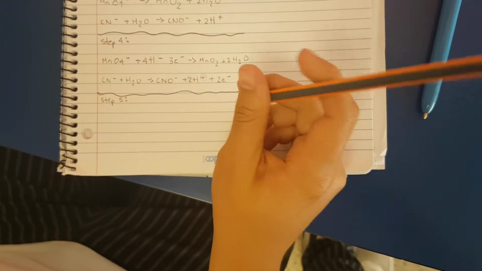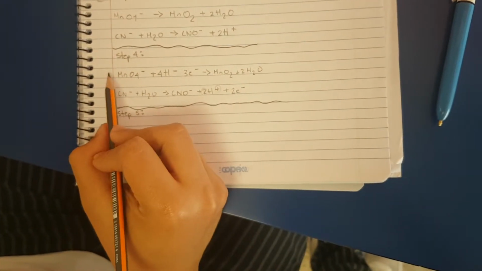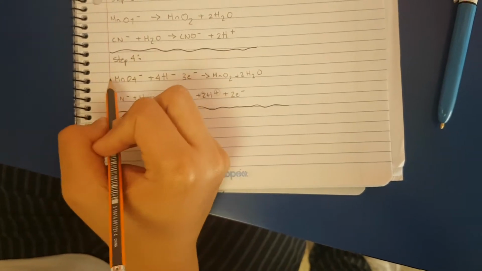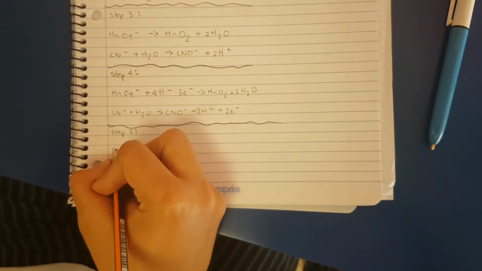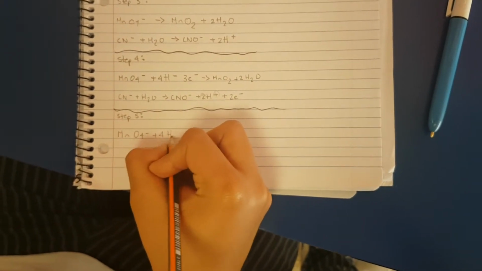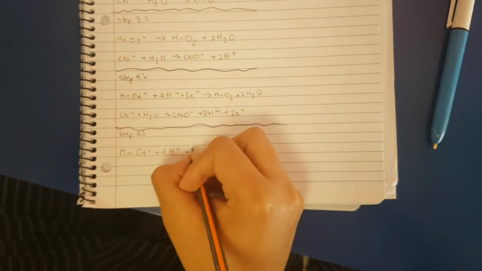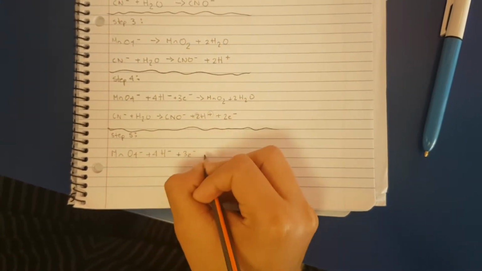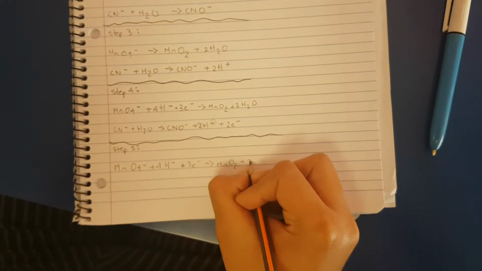So in this case, the lowest multiple is 6, because in here we have 3 and this one we have 2, so we gotta multiply here 2 and this one 3. So we're gonna do that. You just copy the same one as you had before. Plus 3e, and then MnO2 plus 2H2O.